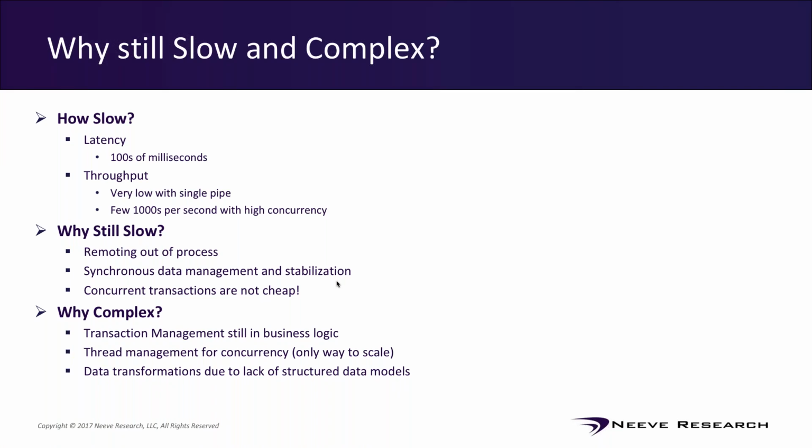So why are we still slow and complex? You can see some latency and throughput numbers there that you might expect with a design like this. The first problem on the performance front is the fact that we need to go out of process to access our data store. So despite the data tier being in memory, we're still separated from it by a network hop. And we've still got the ORM problem in that we can't really talk directly to that memory without a few layers of abstraction.